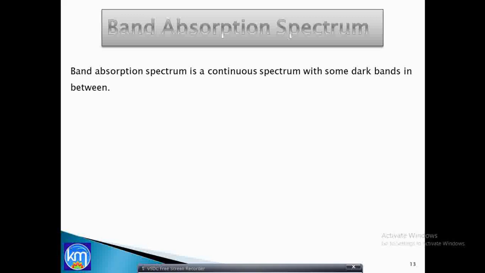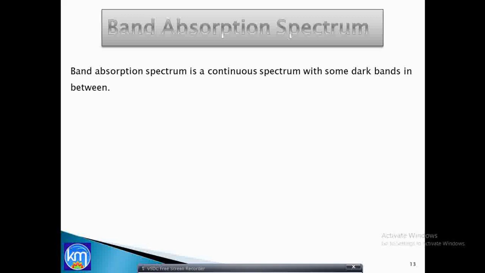Whenever we have KMnO4 crystals dissolved in water and observe the light coming out of this solution with the help of the spectrometer and the grating, we can see this band absorption spectrum. In line absorption spectrum we have lines, and here those lines will be spread into bands. That is the appearance of the band absorption spectrum.